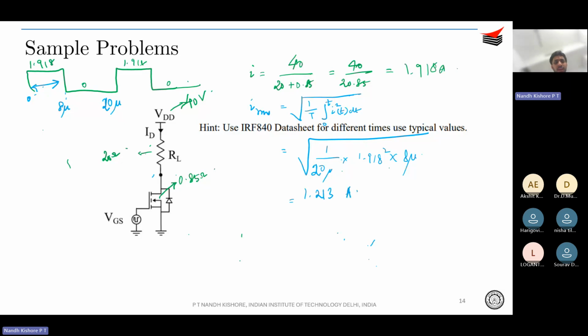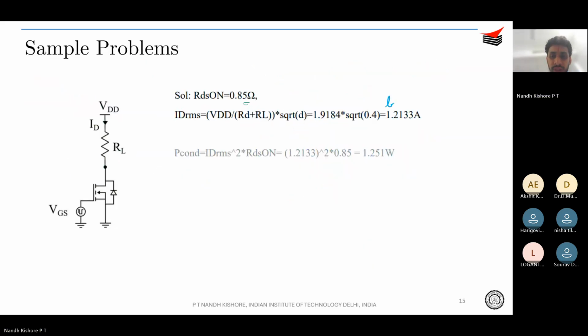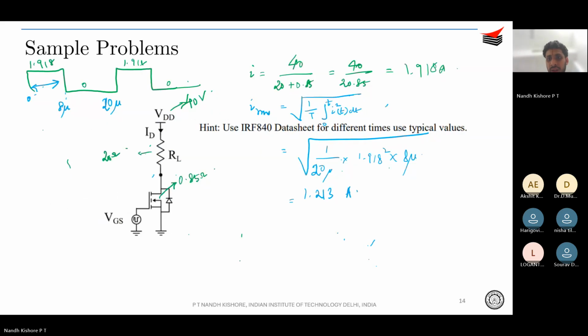So once you obtain your IRMS, you can always find out your conduction loss, right? So conduction loss will be I squared R, I squared RMS into RDS on. Another shortcut: this is by definition, or since this is a square wave, it's a square and then 0, right?